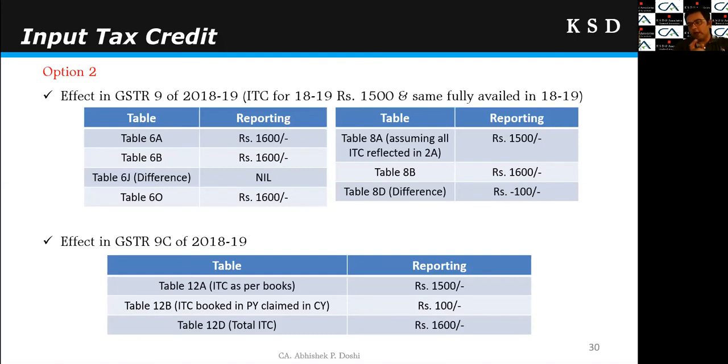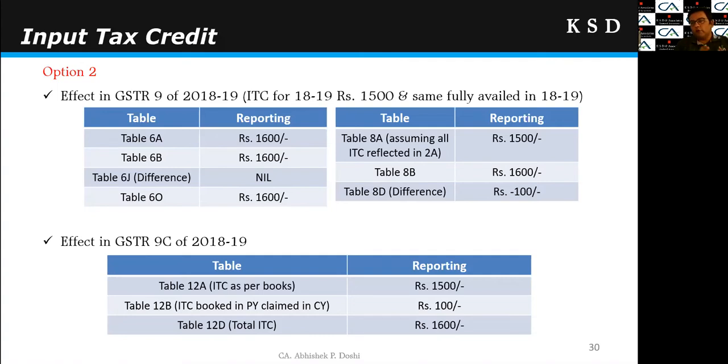So now in table 8, what happens? ITC as per 2A is 1500, but ITC as per the 6B is 1600. So there will be a negative difference of 100 rupees. So if we report everything under the 6B, then there are chances that in table 8 there will be a negative difference in comparison with 2A.